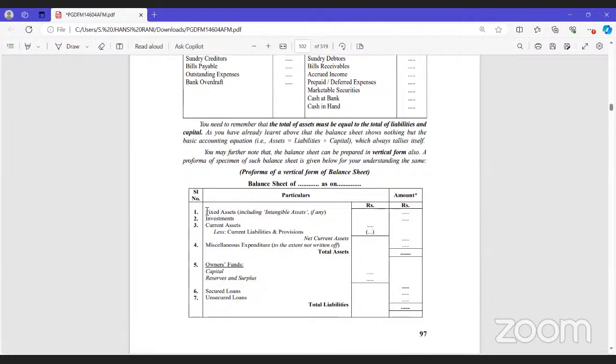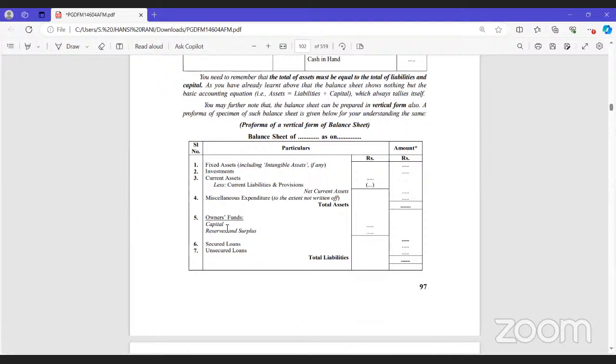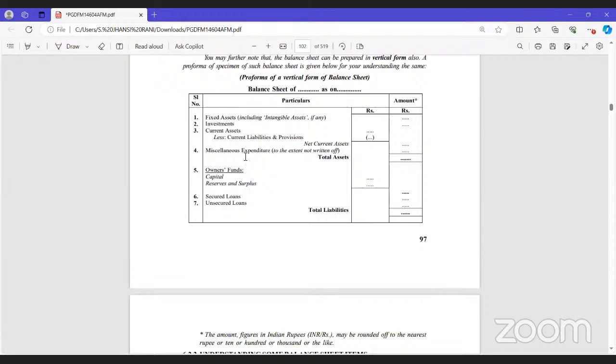If you just look here, first they have given fixed assets, then investments, current assets, and they deducted current liabilities. The same items will be presented here, but the position differs.